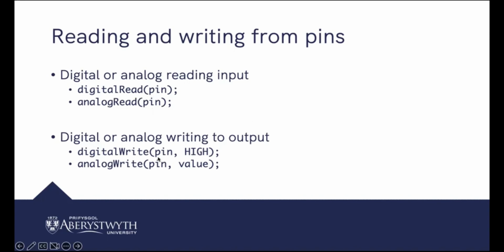Similarly for output, we've predominantly been using digital write for whether it's controlling an LED or the motors that were introduced last week. And the digital write specifies a pin and either high or low for the digital value. But equally, we can use the analog write option, which we were using to perhaps change the brightness of the LED previously.